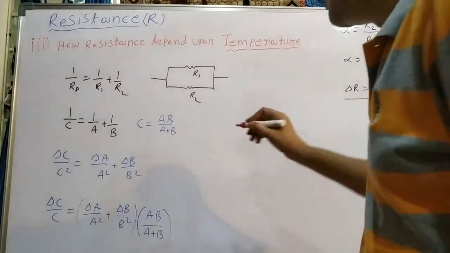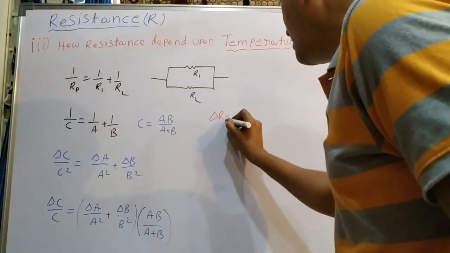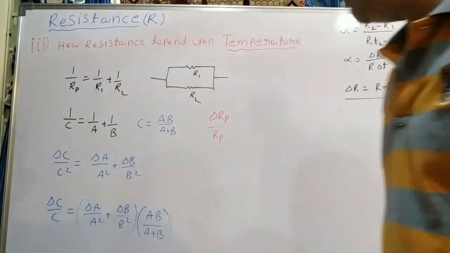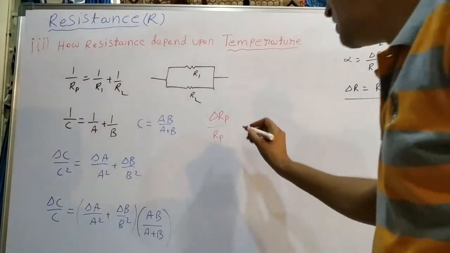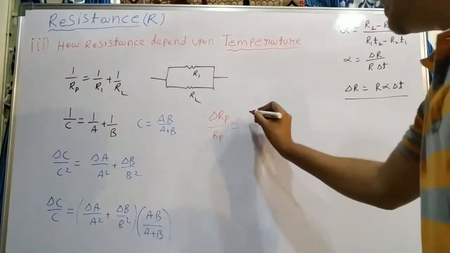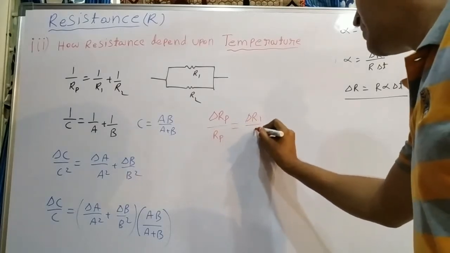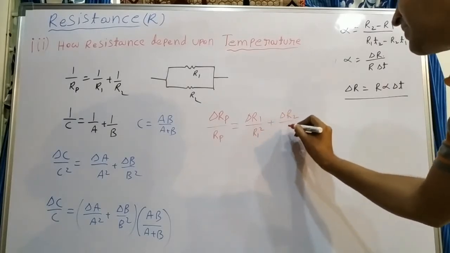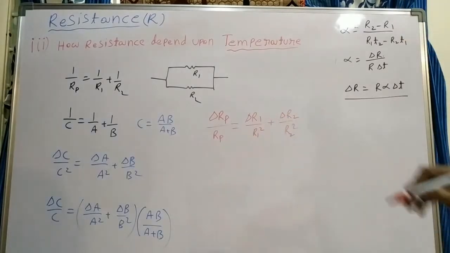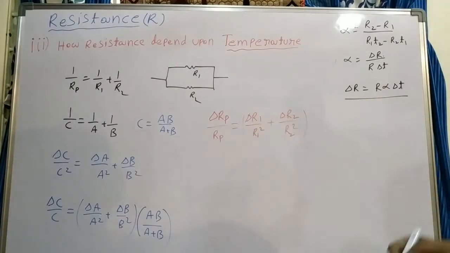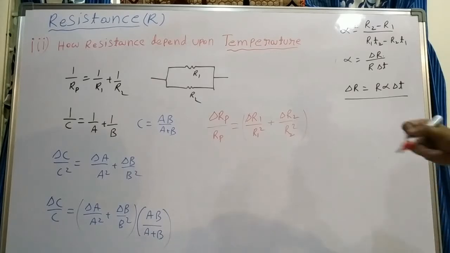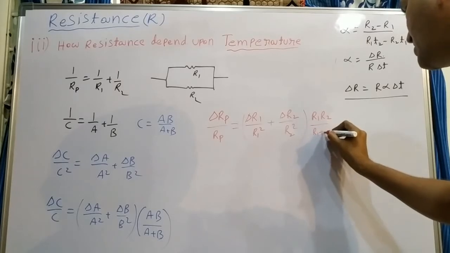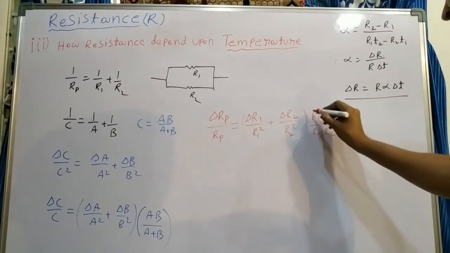You can write here delta R parallel by R parallel, which is equal to delta R1 by R1 square plus delta R2 by R2 square in bracket, into R parallel, which is R1 R2 by R1 plus R2. That we get.